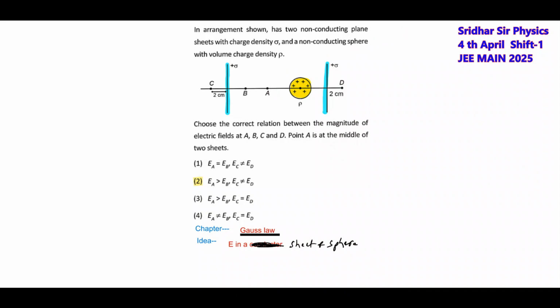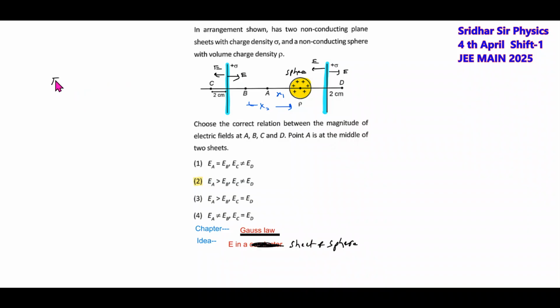So this distance you can call x1, this x2. The sheet will produce field E in this direction, and this one will produce field E like this. So the net field at point A will be only due to this sphere. The field at point A due to this sheet and this sheet will cancel out. So the resultant field will be only due to the sphere.